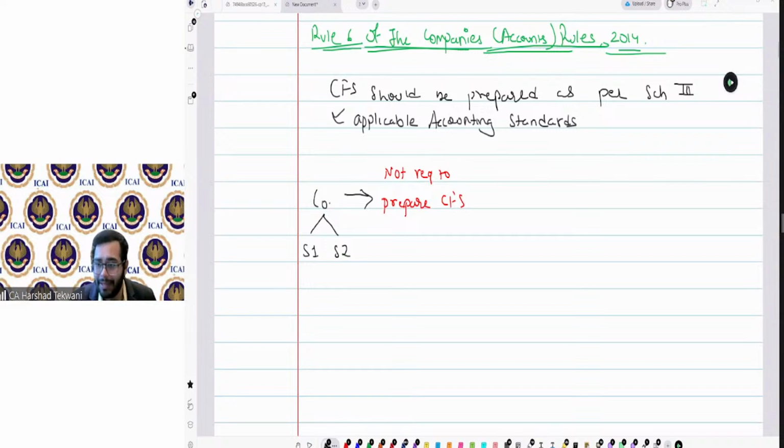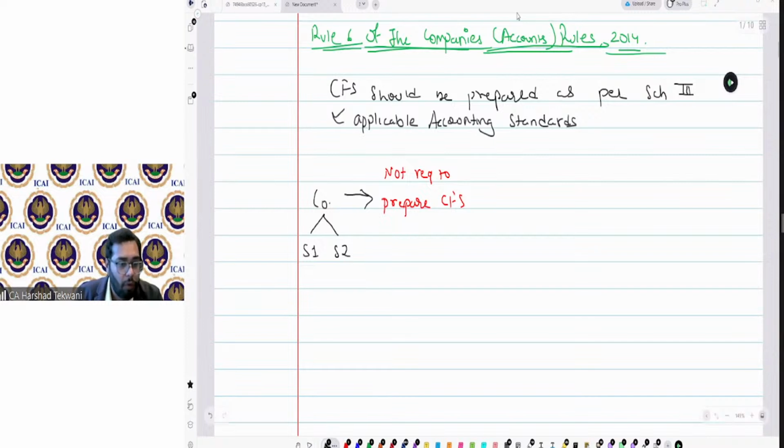What Rule 6 basically says is that it also has some exemption embedded in itself. That is, it says that nothing provided in that particular section will be applicable in the following categories.